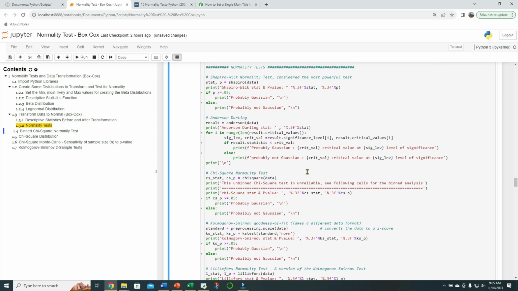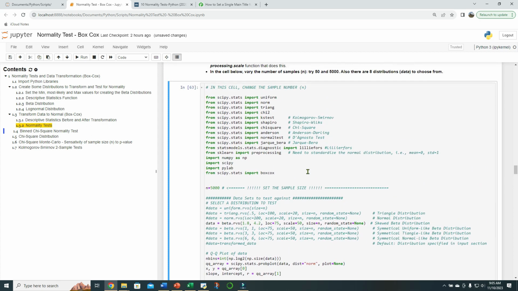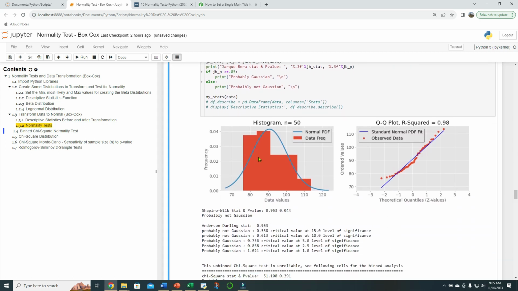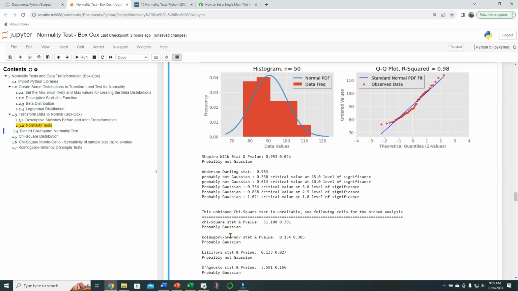So I want to run this at 50 now and see what happens, and pay attention to the number of standard deviations on the QQ plot. Let's run it here at 50. Does not look normal. It kind of fits. You get mixed results from the Anderson-Darling. Chi-squared says probably Gaussian.